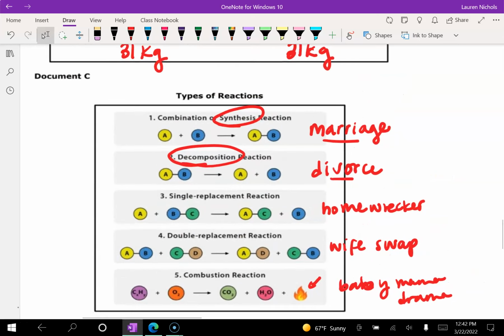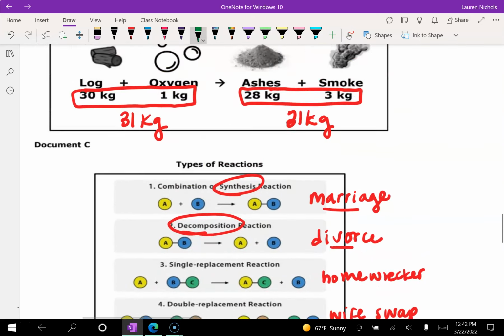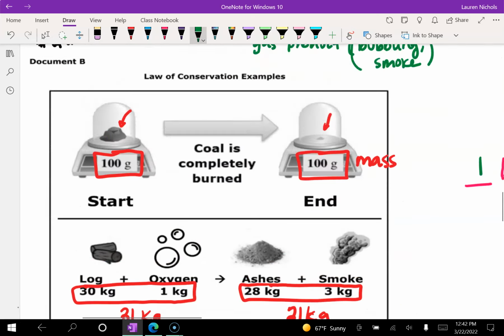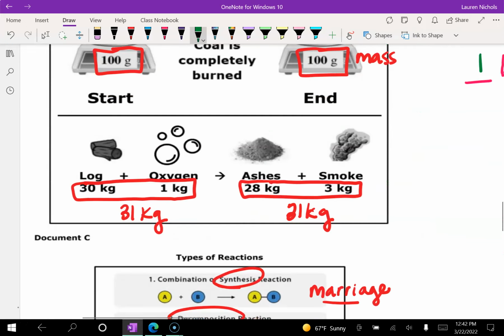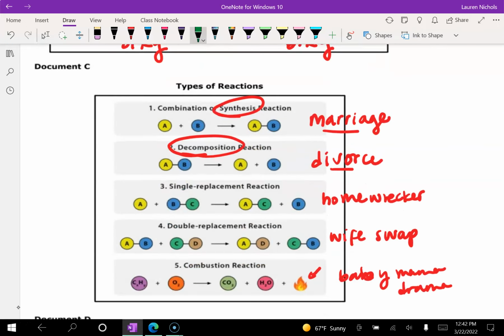What we can use this for is to identify which one is happening here. So notice we have 2 elements or more, and it's producing 2 compounds. So that means that our first equation is going to match our double replacement reaction.